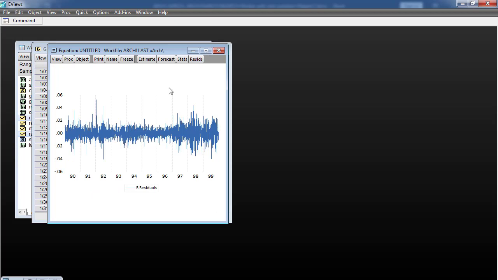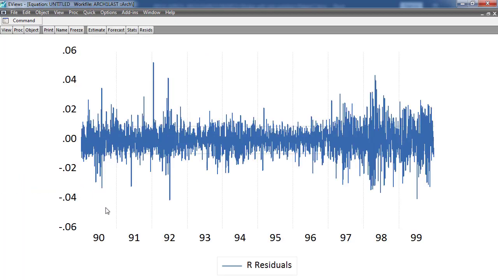Here you can see the volatility clustering. This is a clustering, which is fluctuation when there is large change or high change, as you can see here.